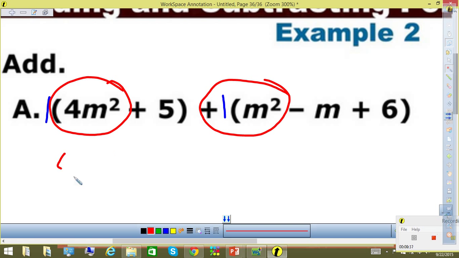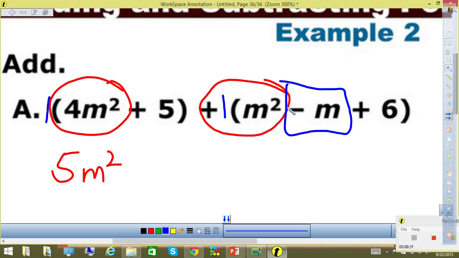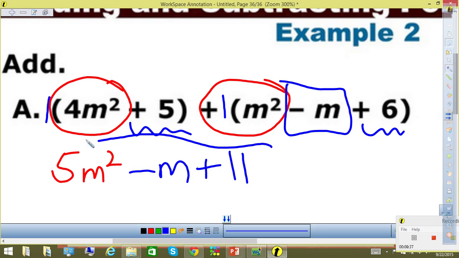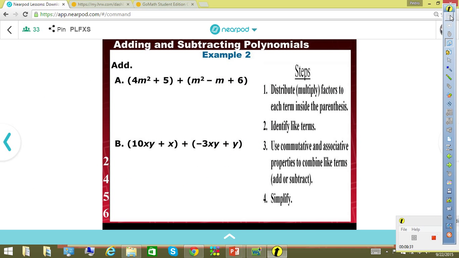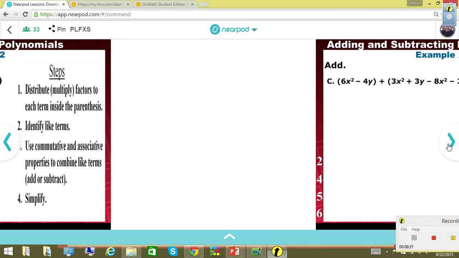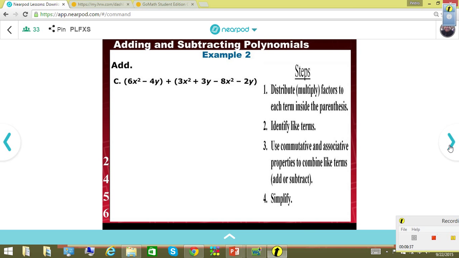So that becomes 5m squared. From there, I go with this next one, which is m. Is there another m? No, I bring that down. And then my constant is 5 plus 6, that's 11. Remember those? Fairly simple? All right, so with that said, on your screen, do this next one, please. It's example 2C. Copy that.